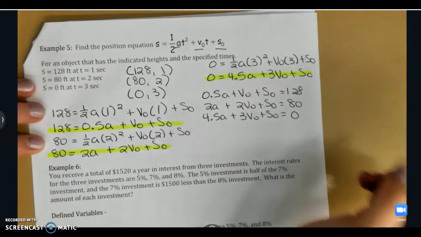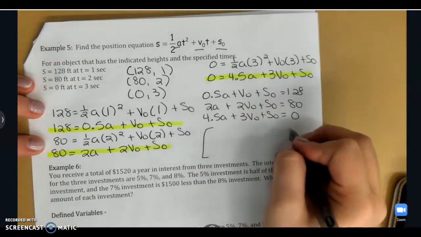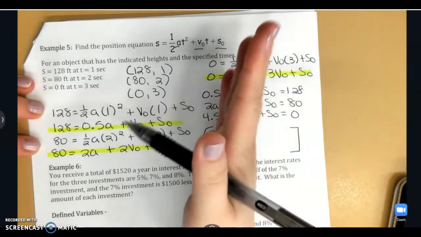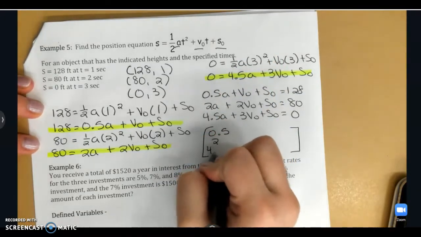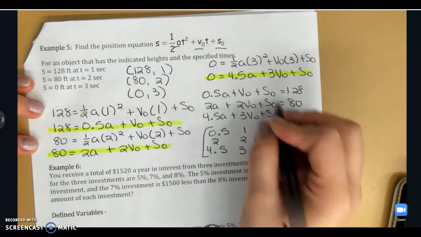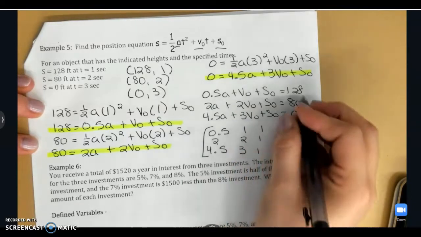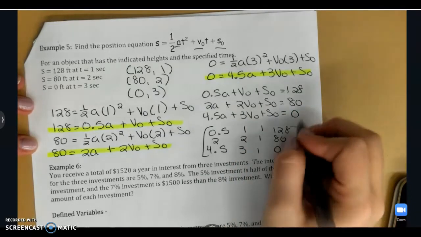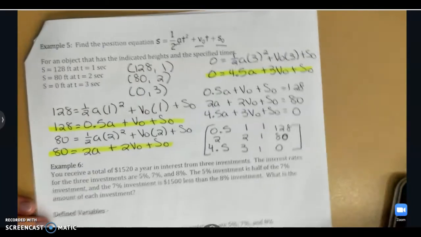And so there are my three equations. And our matrix is going to be a 3 by 4. So all of our A's are going to go in that first column. All of our V naughts are going to go in that second column. S naught, and then our constants. And that's just an 80, not an 86.